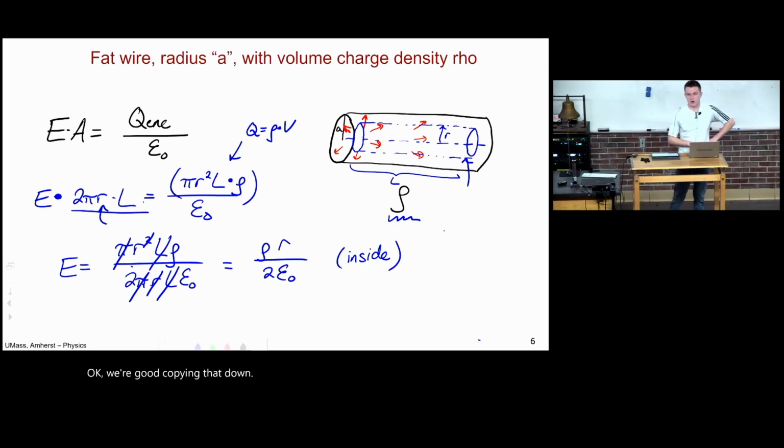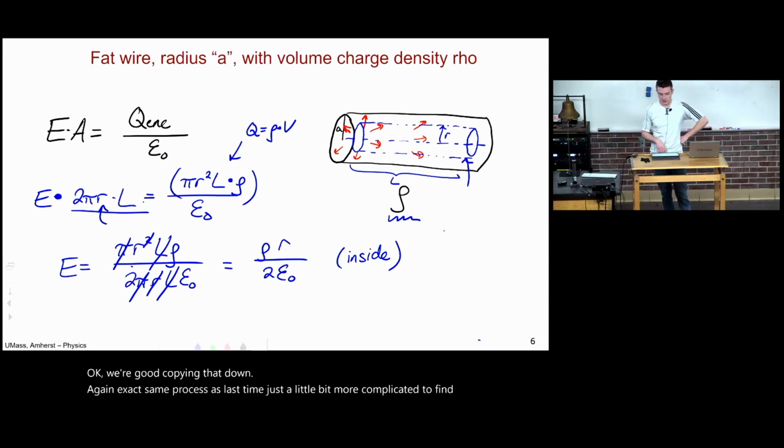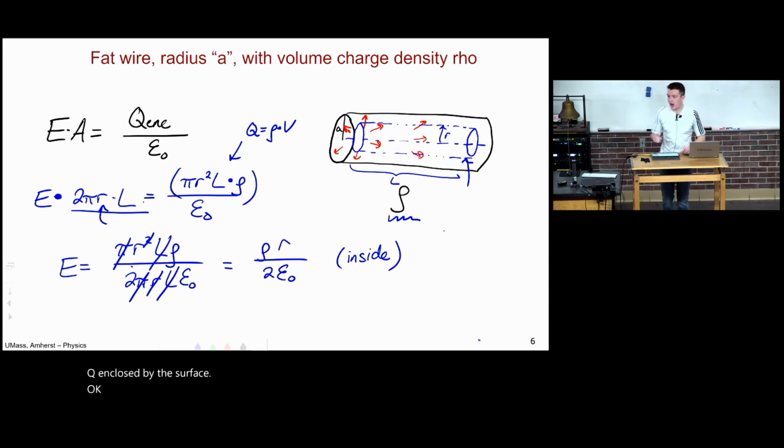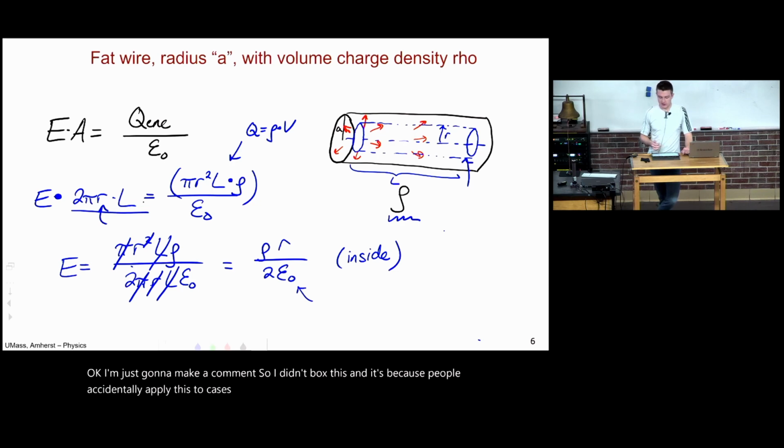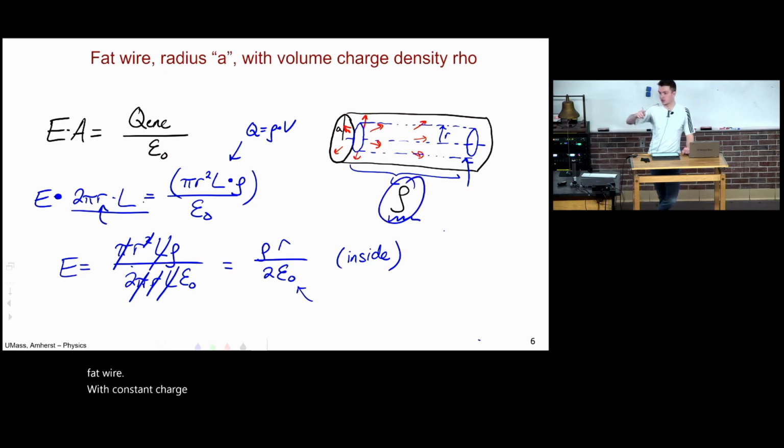Again, it's the exact same process as last time, just a little bit more complicated to find Q enclosed by the surface. Okay, I'm just going to make a comment. So I didn't box this, and it's because people accidentally apply this to cases that they shouldn't. This only works for a fat wire with constant charge density rho that doesn't change depending on how far out you are. And it only works inside the wire.